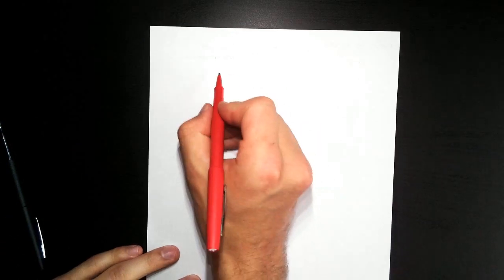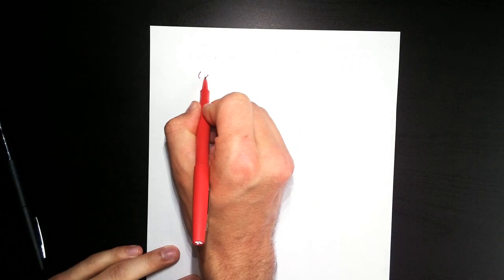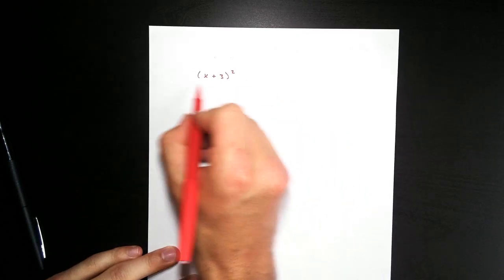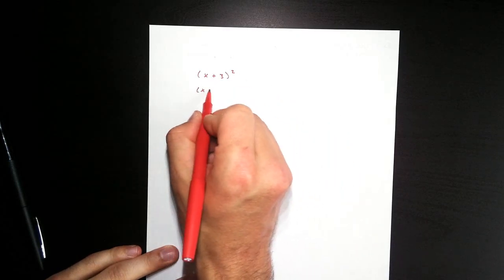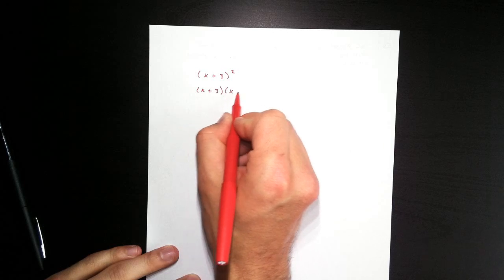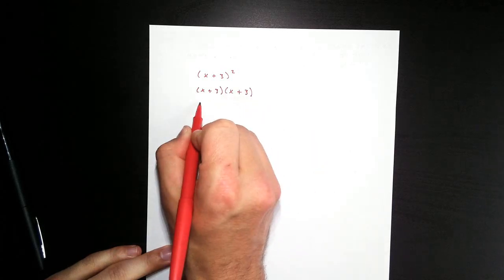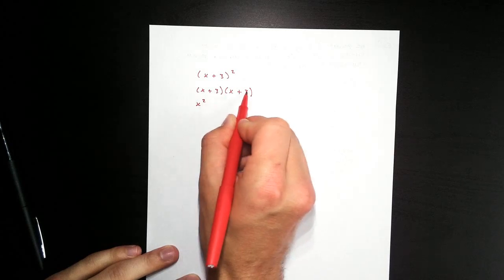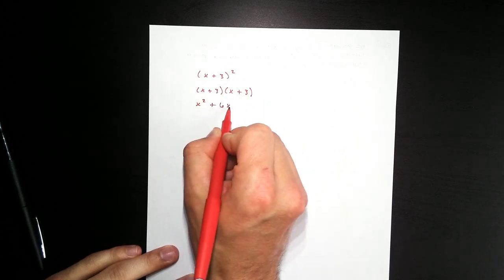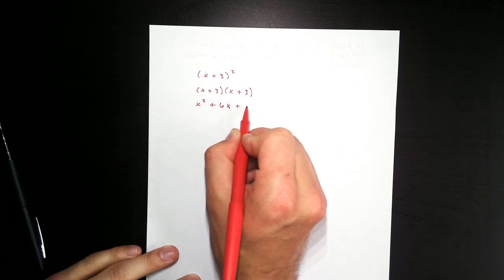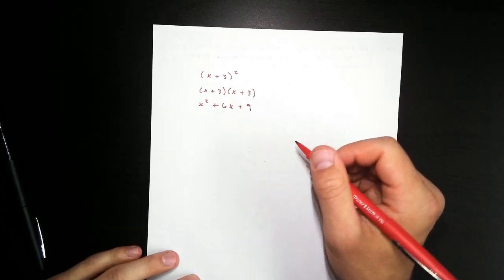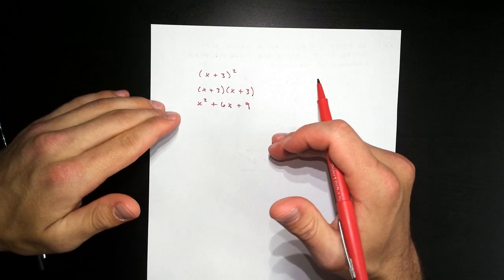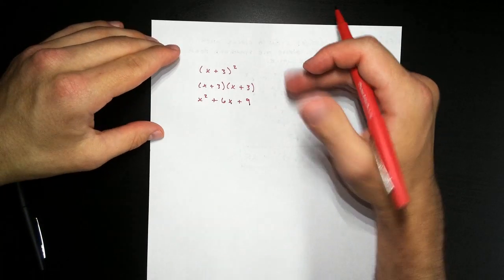If I think about a binomial squared, something like x plus 3 squared, when I multiply this all out, this is the same as x plus 3 times x plus 3. So we get x squared, in the middle you have a 3x and another 3x, that's plus 6x, and then 3 times 3 is 9. That's going the regular way. We want to go backwards now.